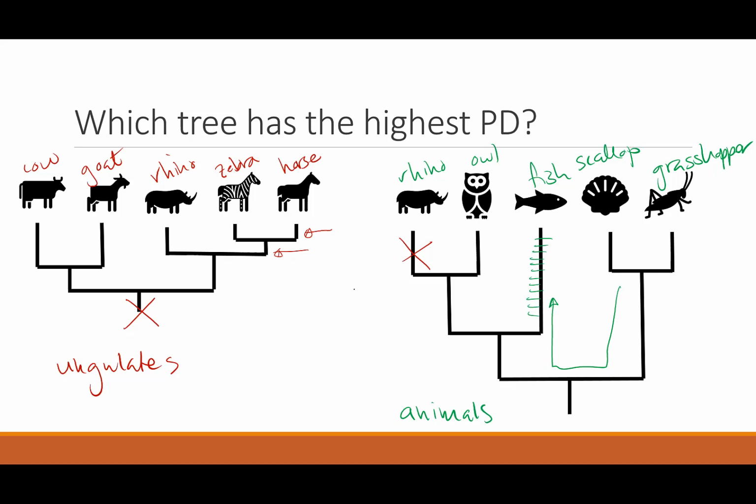We still have owls and fish and scallops and grasshoppers. So what this is basically suggesting is that ungulates is lower in phylogenetic diversity, whereas animals, just this tree in this particular example, has a higher phylogenetic diversity.